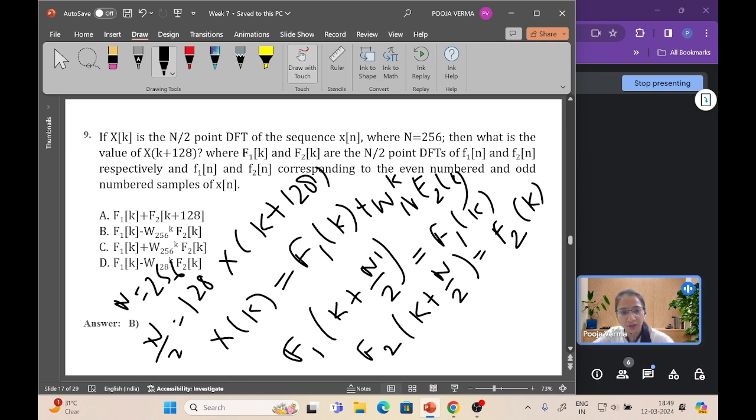But in F2(k) there is a phase factor, W_N^k. If we apply the periodicity property in F2(k), then N by 2 will also be added in this phase factor.